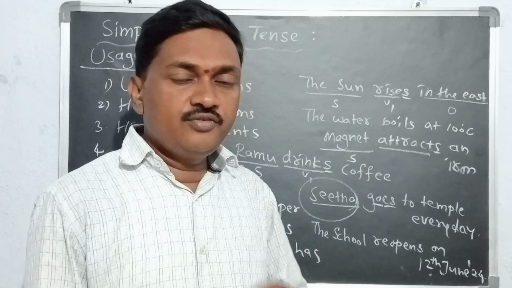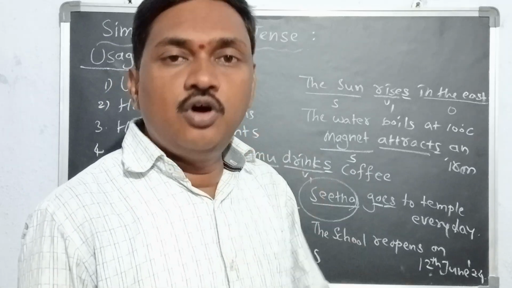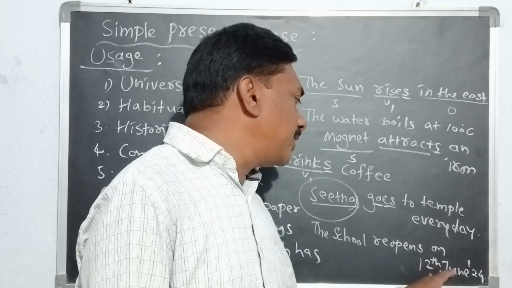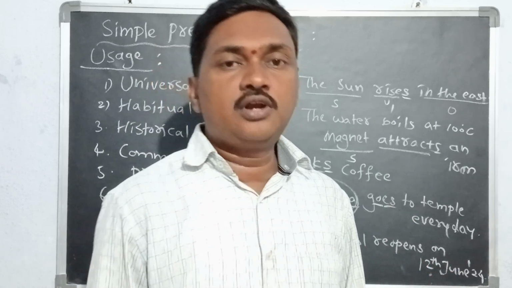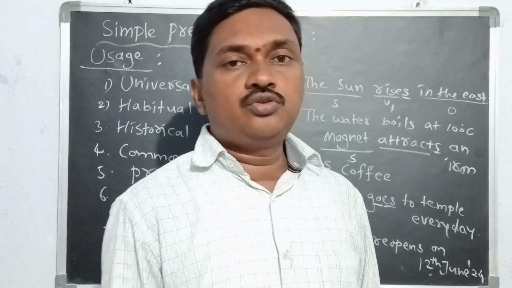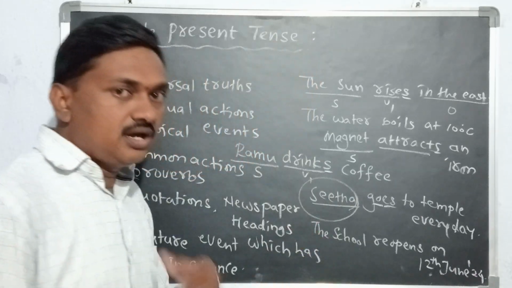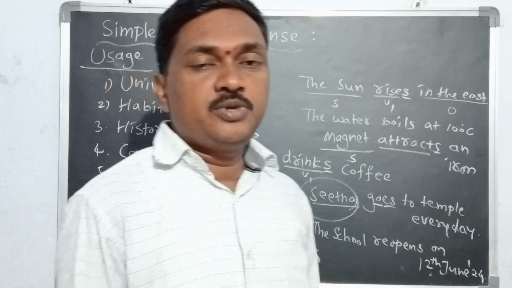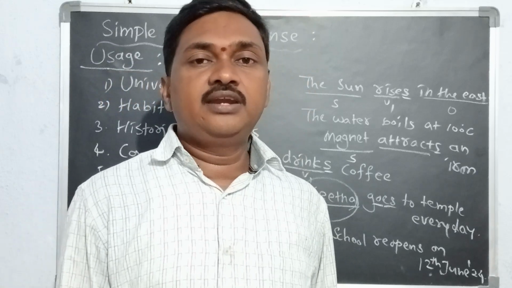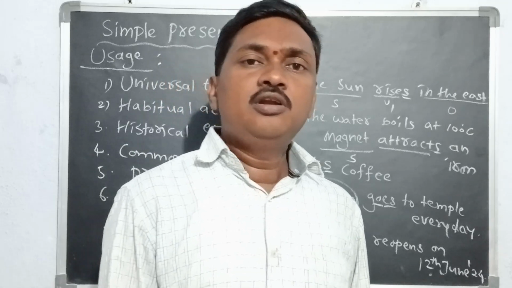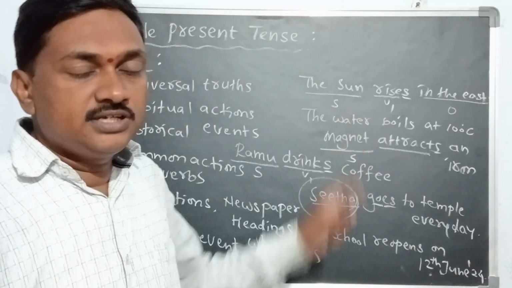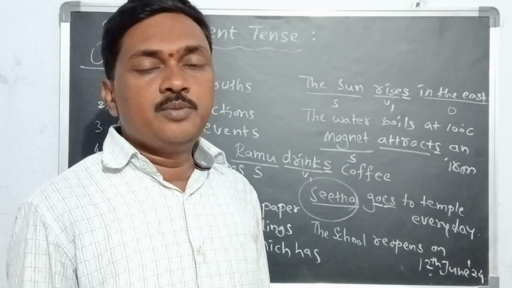We are now in November, but we know in advance that the school reopens on 12th June 2024. The future event which has been fixed in advance, we can express those actions in simple present tense. These are the uses of simple present tense.